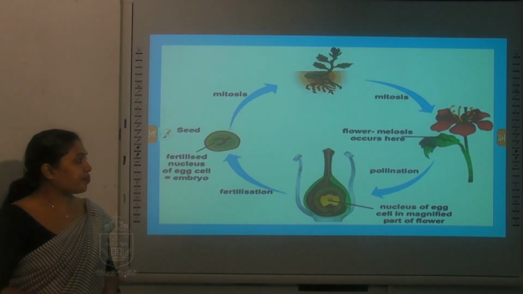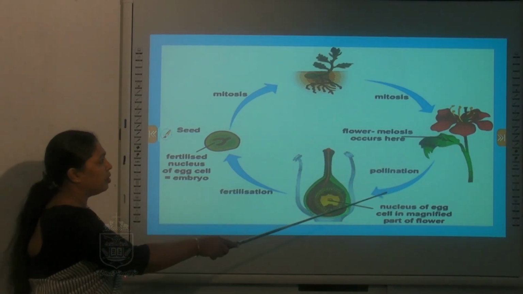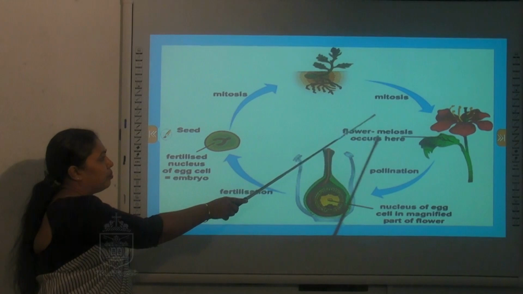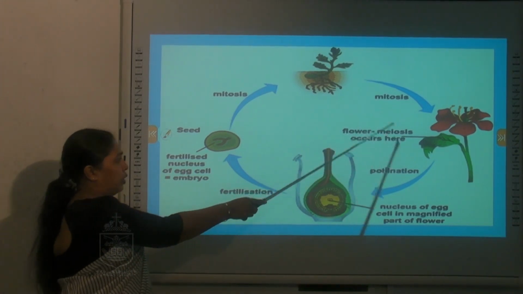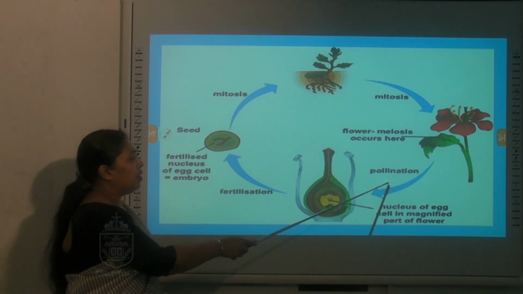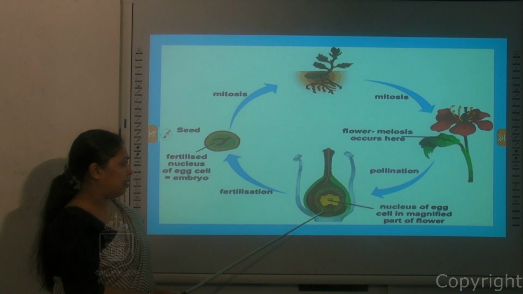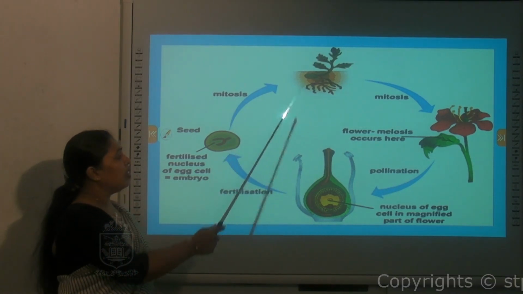So pollination results in fertilization, which gives rise to a new plant. The flower is formed by mitosis, and inside the flower meiosis occurs.